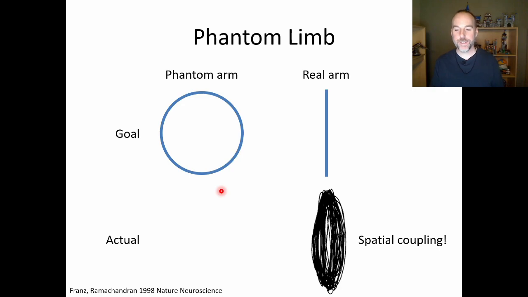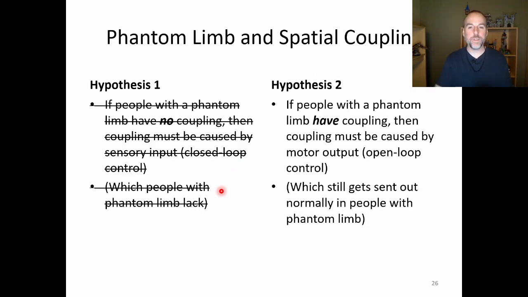So why does this happen? Well, this is explained by our second hypothesis. So recall that people with a phantom limb are still sending out motor commands even though the arm is not there. And it must be that just generating and sending out these motor commands, or the open loop control, is what causes spatial-temporal coupling, because this is intact in people with phantom limbs, and we still see spatial-temporal coupling with a phantom limb.